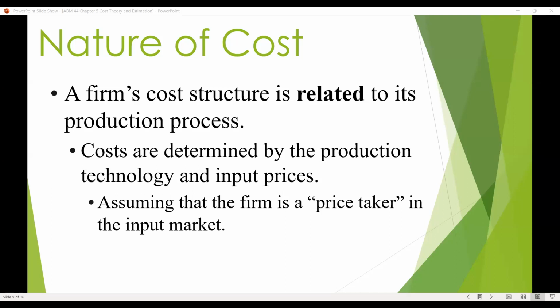Explicit costs are sometimes katong out-of-pocket costs for a firm, such as wages, salaries, rent, or materials. So explicit is mga gasto nimo sa imong firm, such as mga rent, materials, sweldo, and so on and so forth. While implicit costs are opportunity costs of resources already owned by the firm and used in business. So for example, expanding a factory into land already owned.